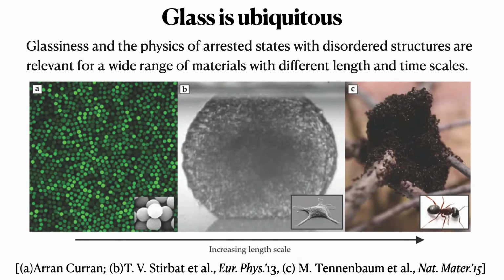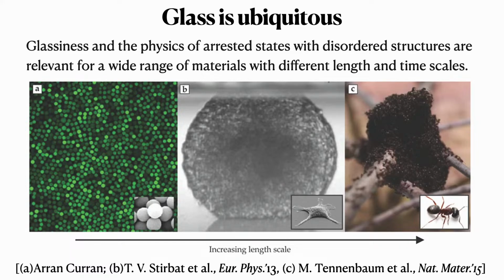Also, glassiness and the physics of arrested states of these disordered structures are relevant for a wide range of applications. In the first snapshot, in the A panel, we have a colloidal system, where we see disordered arrangements of colloids. In the B panel we have living tissue, and in many living tissues also we see this glassy dynamics.